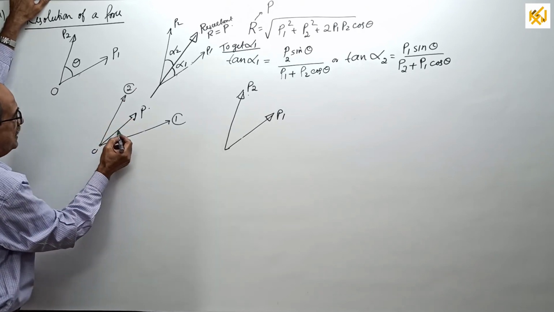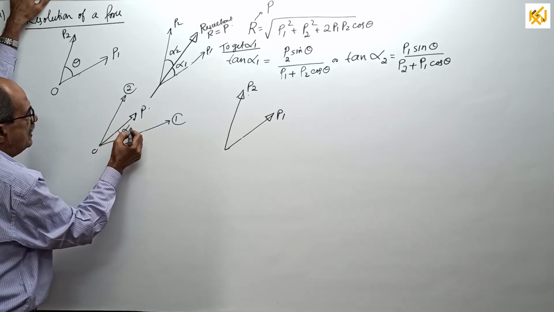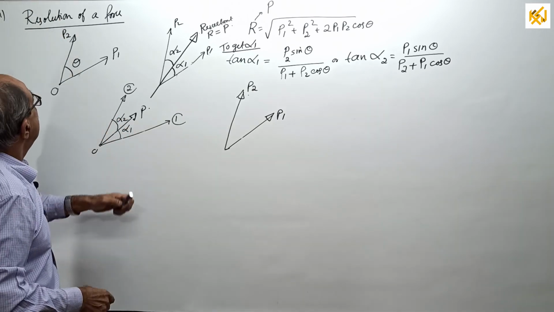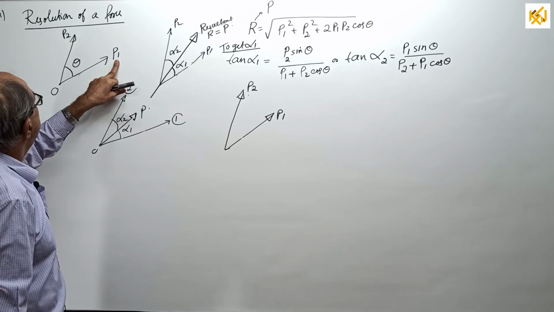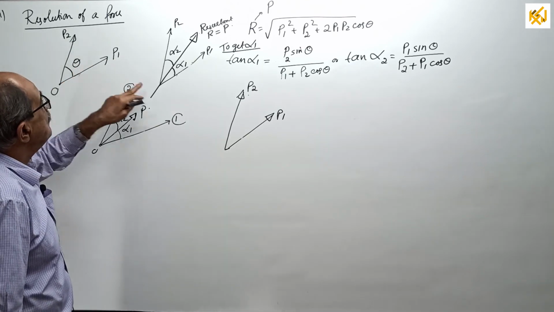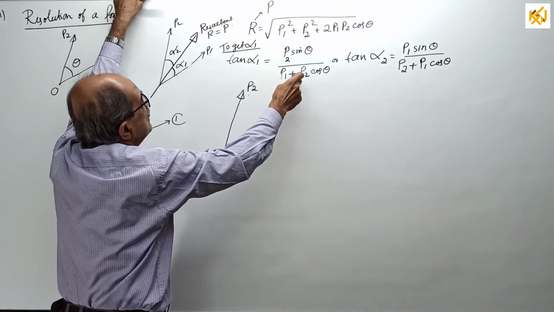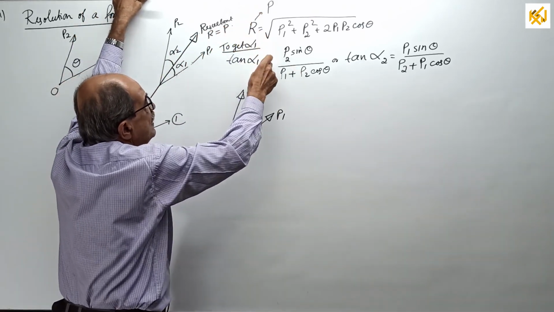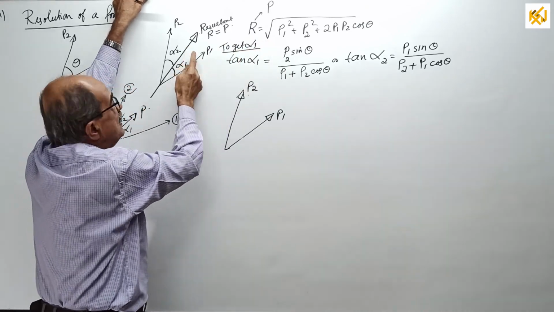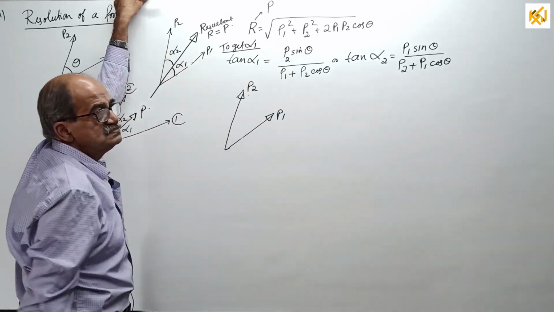Suppose I take the angles as alpha 1 and alpha 2. Now, if you know the values of P1 and P2 with the angle theta between them, using this expression you can find the resultant and direction of the resultant, that is, the angle made by the resultant with any one of the forces.